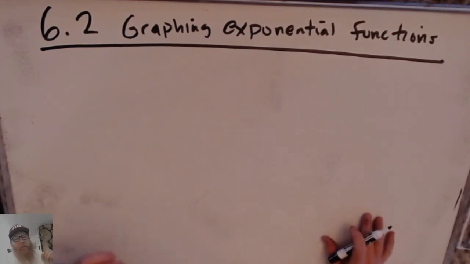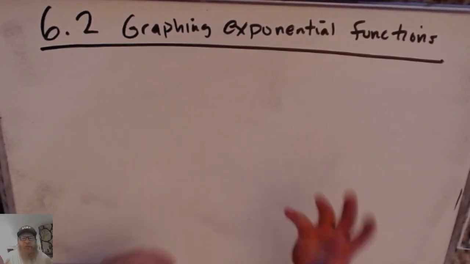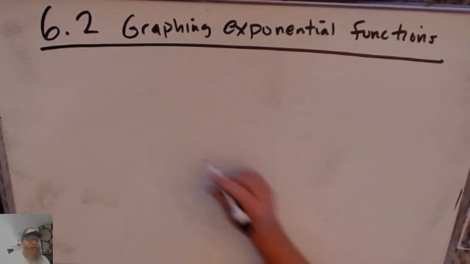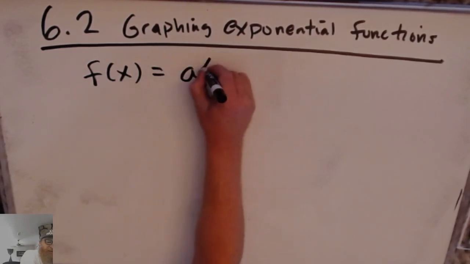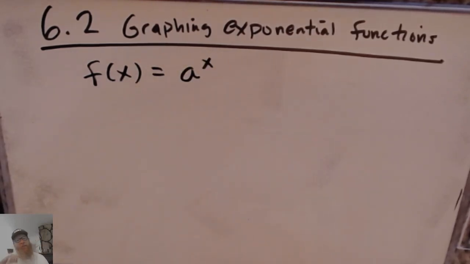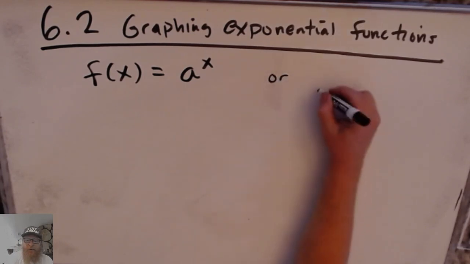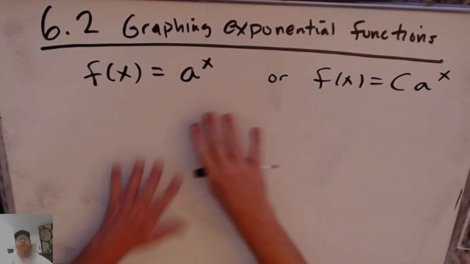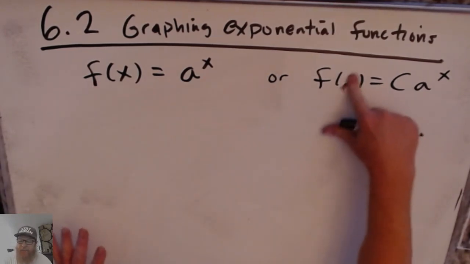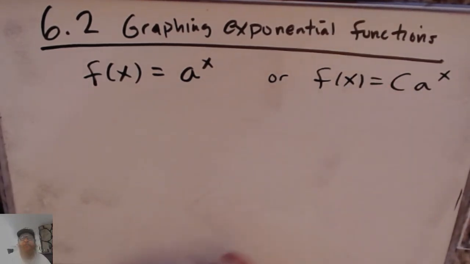I know 6.1 was a very short introduction to the notation of an exponential function. So we pretty much only dealt with some basic exponential functions like this or like this. So these are the two basic types of exponential functions.